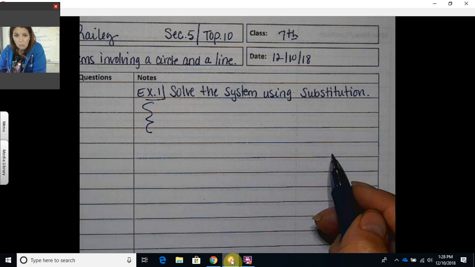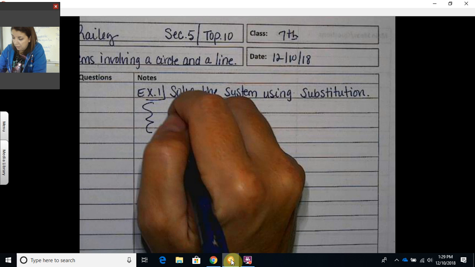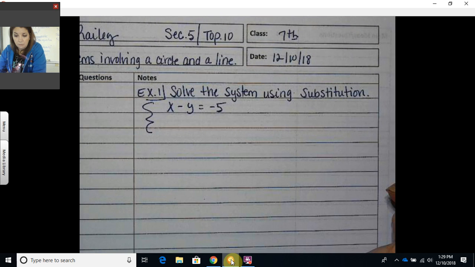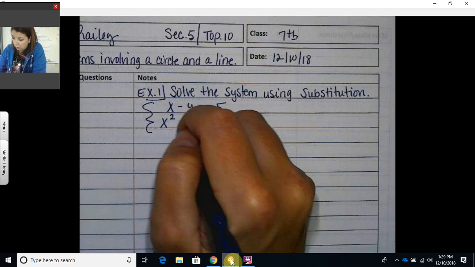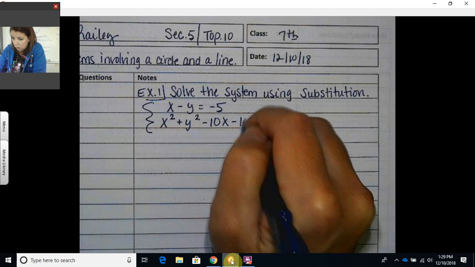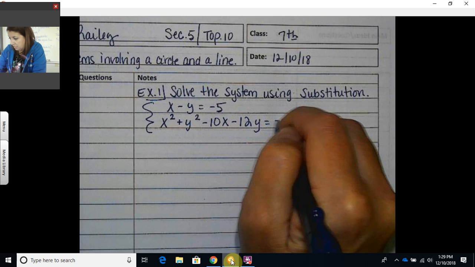You usually see that little bracket next to it. And so my first equation is x minus y equals negative 5. And the other equation is x squared plus y squared minus 10x minus 12y equals negative 45.